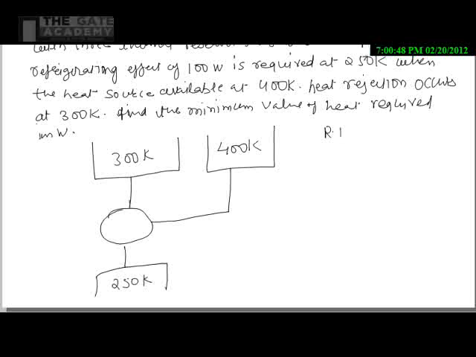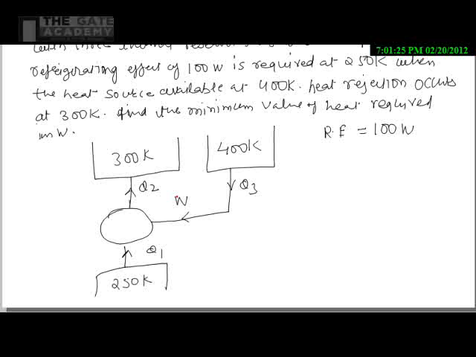Now the refrigerator device is working between 300 and 250. First I will give the notation. This one is Q1, this one is Q2, and this one is Q3. Here this work done is useful in running the refrigerator.